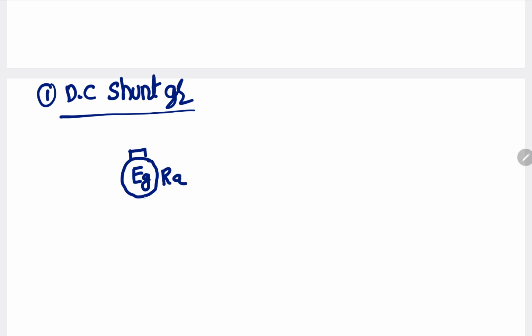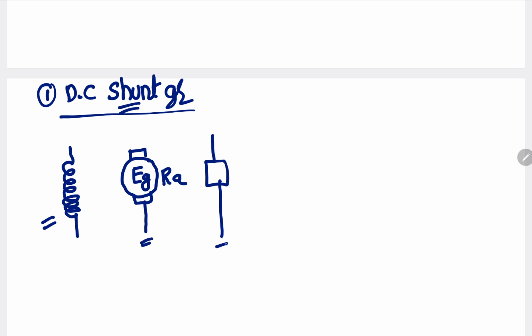Armature winding resistance is Ra, with two brushes, and this is the field winding, and this is the load. As it is a DC shunt generator, the field winding, armature winding, and load, all the three must be connected in what? Parallel.